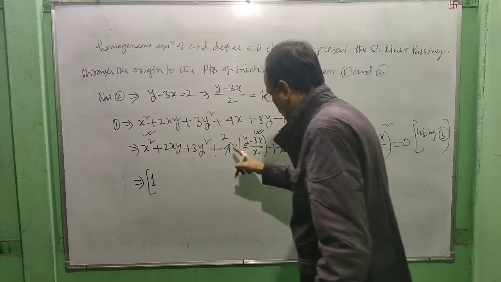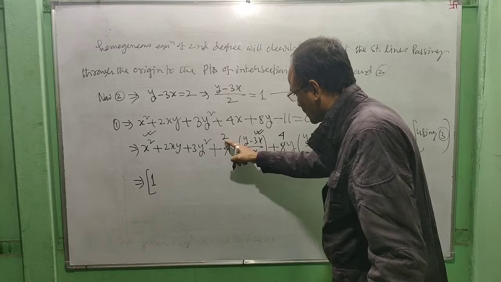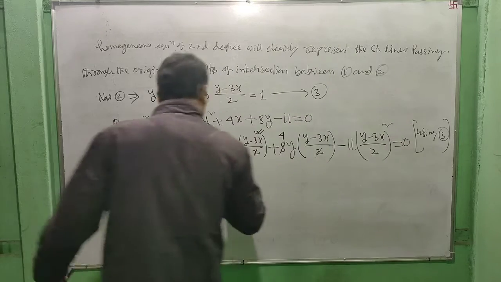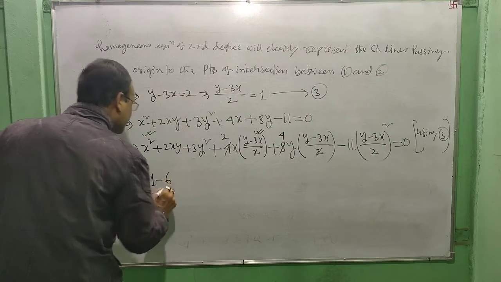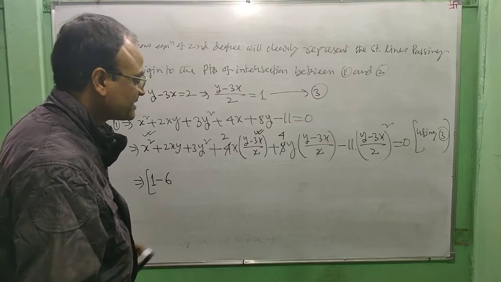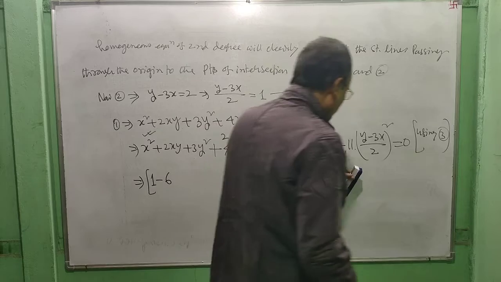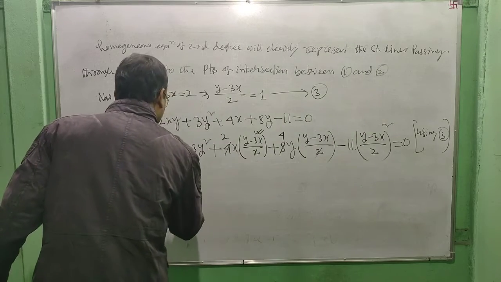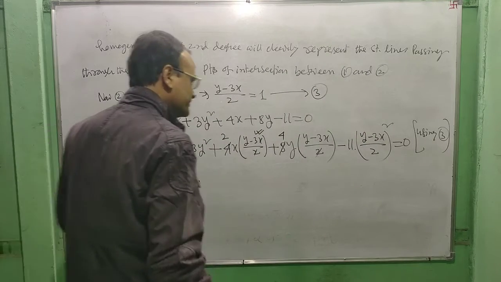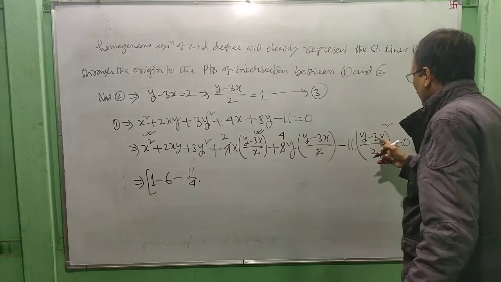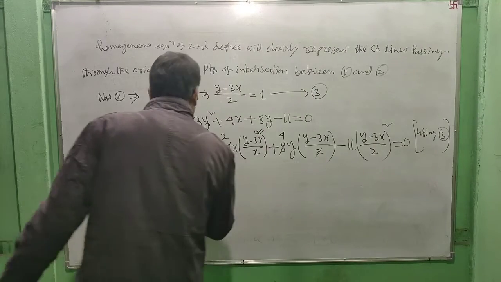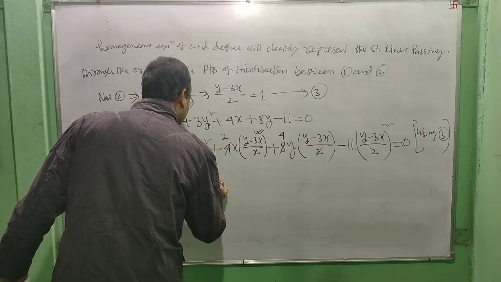This is twice x into minus thrice x, what is this? Minus 6 x square. There will be no term involving x square here. Minus 11 by 4 into 3 square, 3 square means 9, into x square.